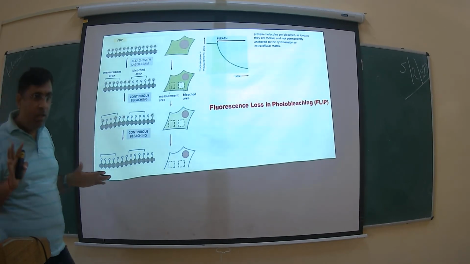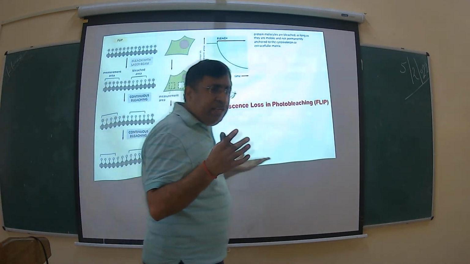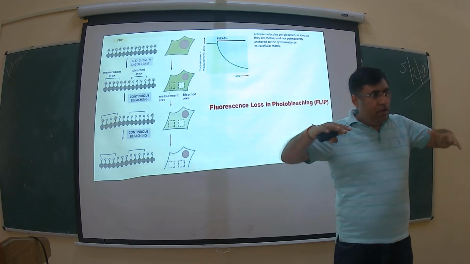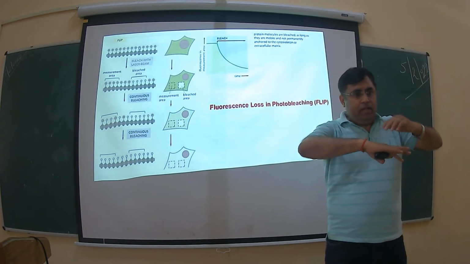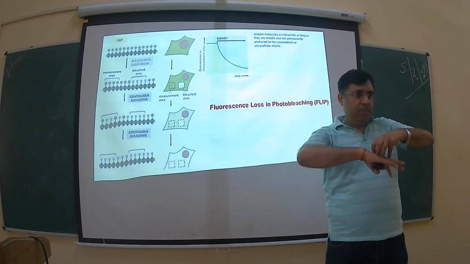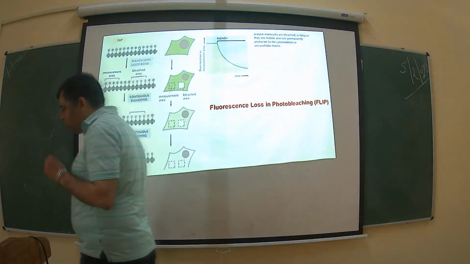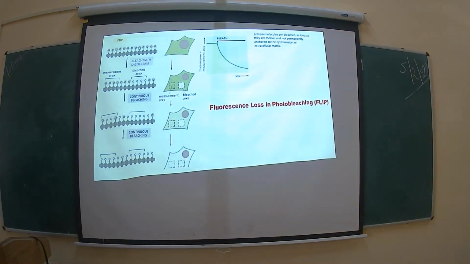Yes, sir. So it will take time. The entire protein will come into the particular area which is getting photo bleached. And there is a time when the entire area will get photo bleached. You will not see any kind of signal. So this is known as fluorescence loss in photo bleaching.